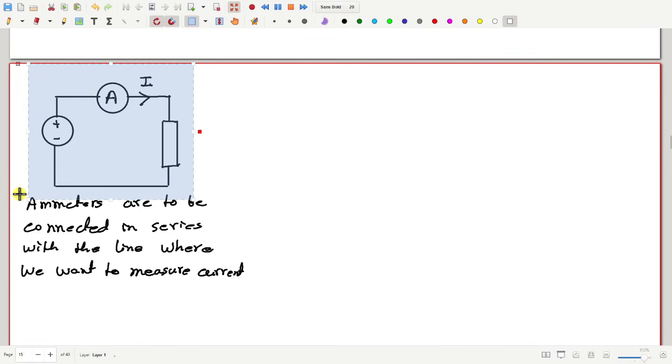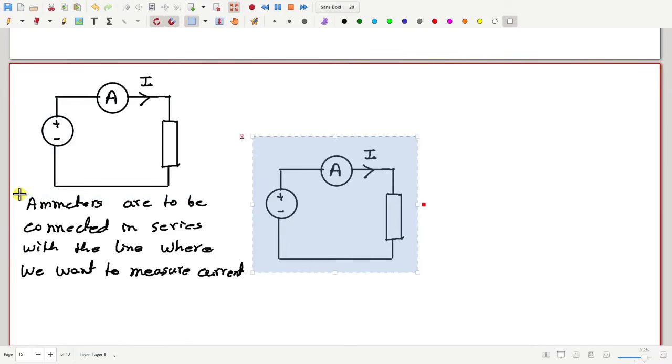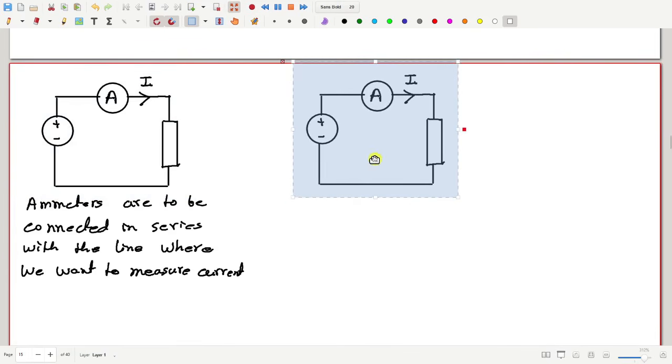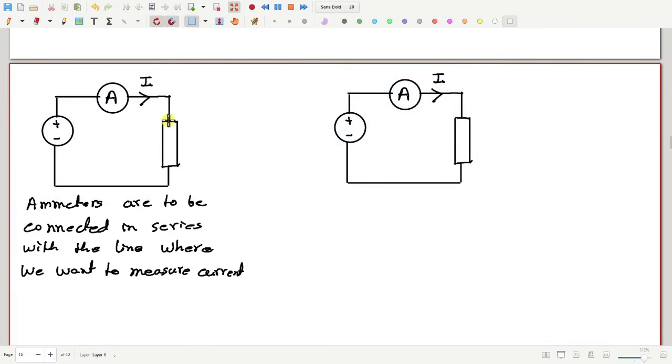Now, if I also want to measure the voltage across this load, say how much is the voltage from here to here, what do I need to do? We have to put a voltmeter between these two terminals.